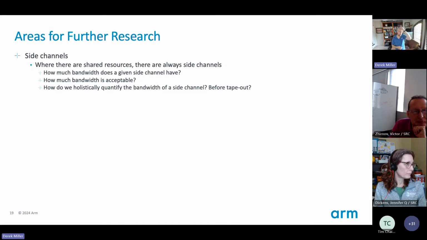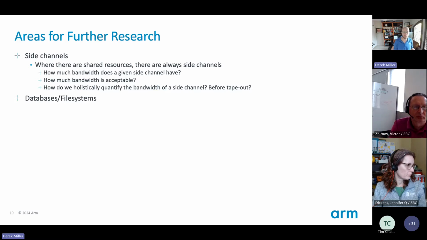There wasn't the concept of authenticated encryption. And I think we needed to go through that type of rigorous theoretical work on side channels so that we can have a holistic system for understanding what kind of side channels a given architecture or microarchitecture really will have, and can we do this before tape out? So when we produce a part, we will know what those side channels are.